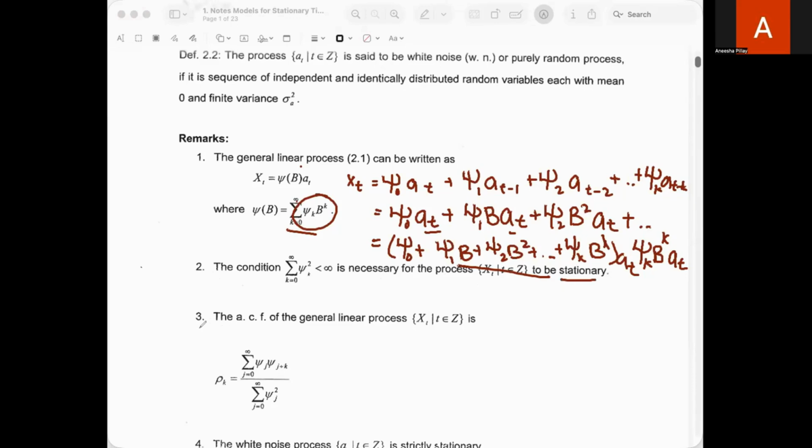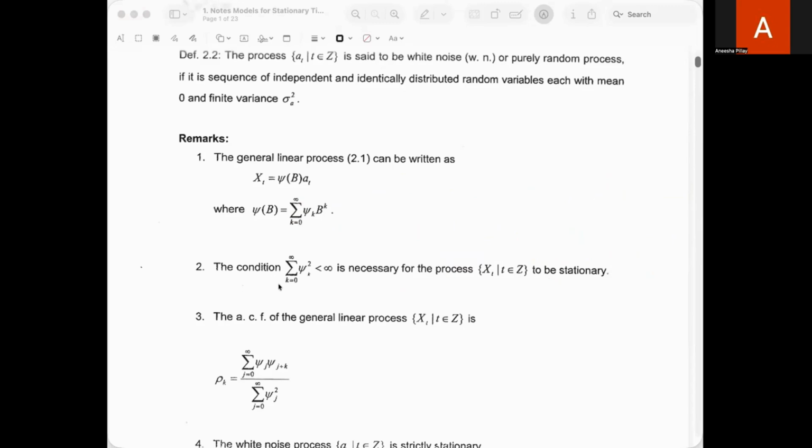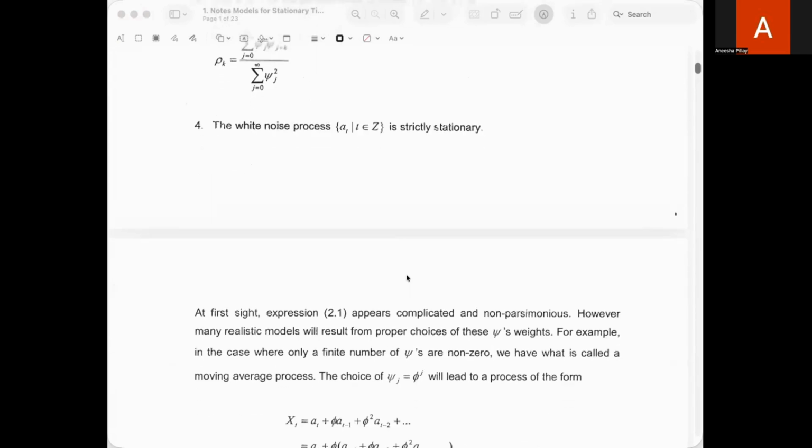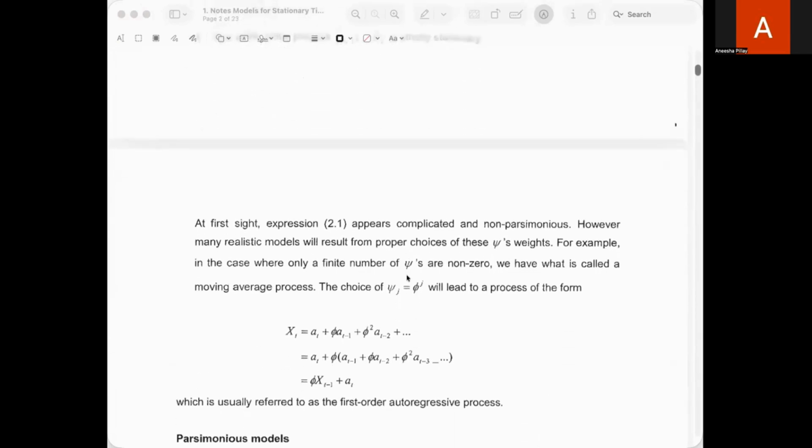The third remark is that all your ACF would be in this manner. We will get into this later on. And your white noise process is strictly stationary, so you should know the difference already between strictly stationary and weakly stationary.